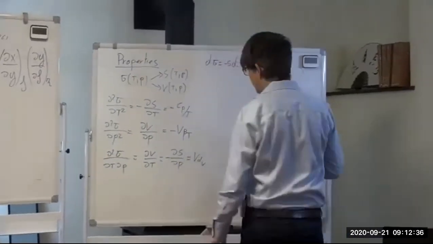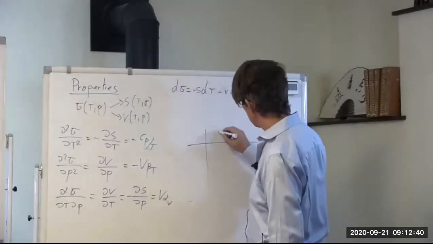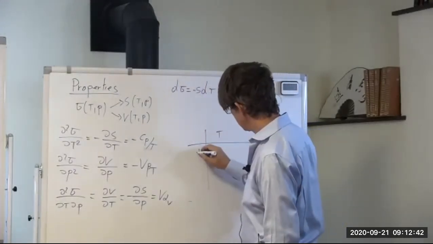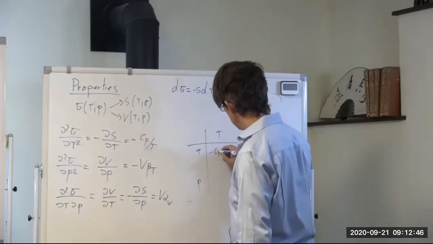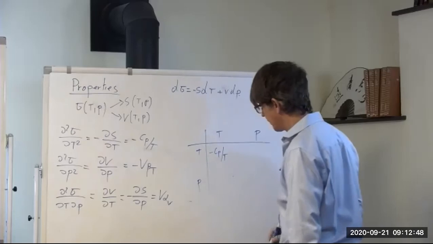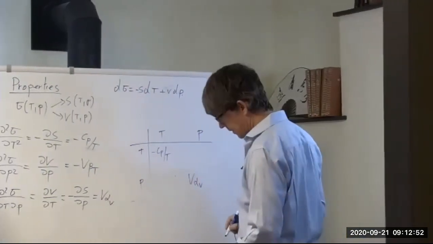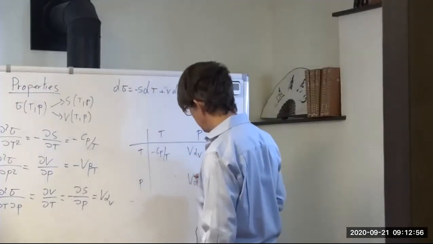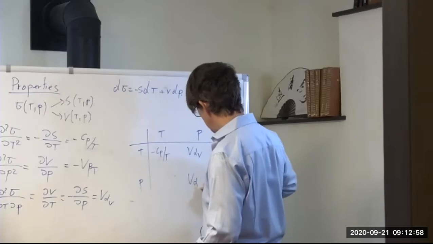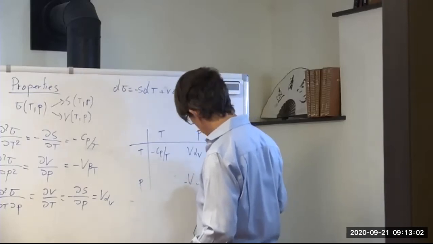So if I think of the matrix of second derivatives, I have minus C_p over T here. I have V α_V here. Those are the off-diagonal elements, related by the Maxwell relations. Sorry, this is P. This is minus V β_T.